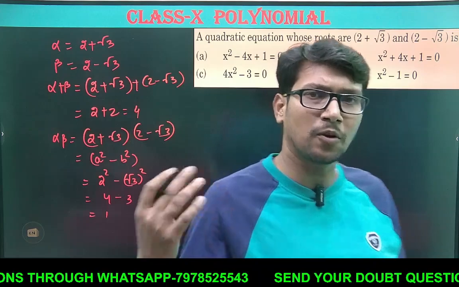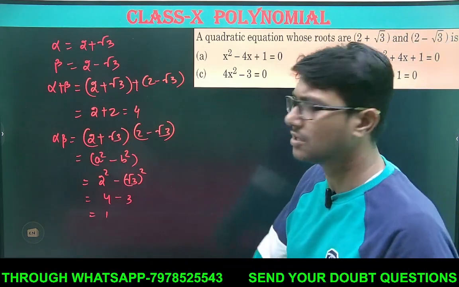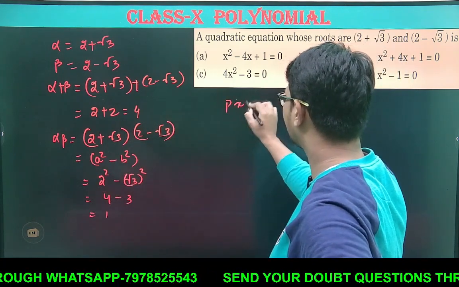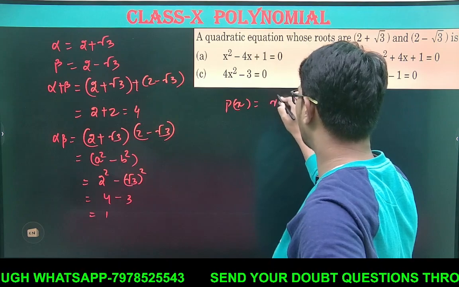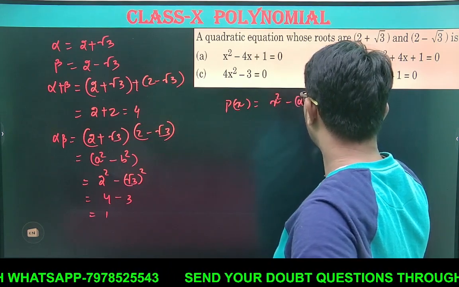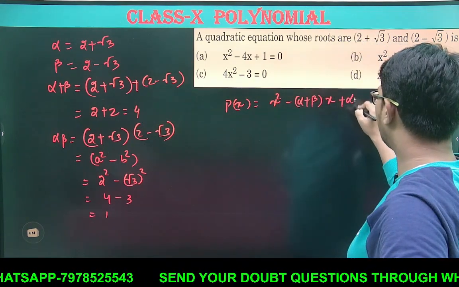Let us write the polynomial and equate it with 0, and we will get the quadratic equation. So p of x is equal to x square minus alpha plus beta into x plus alpha into beta.